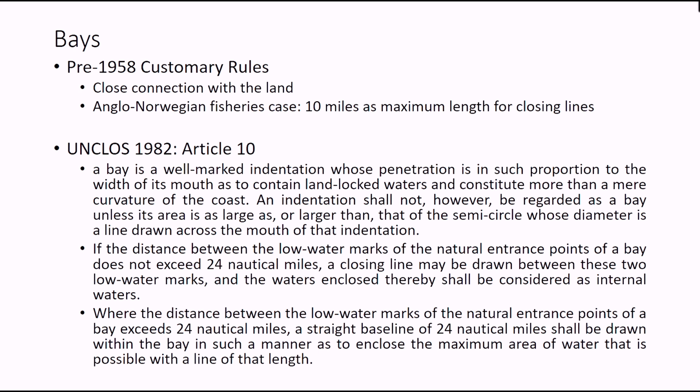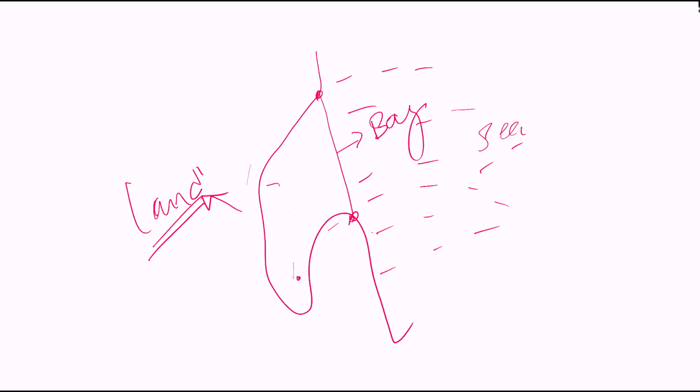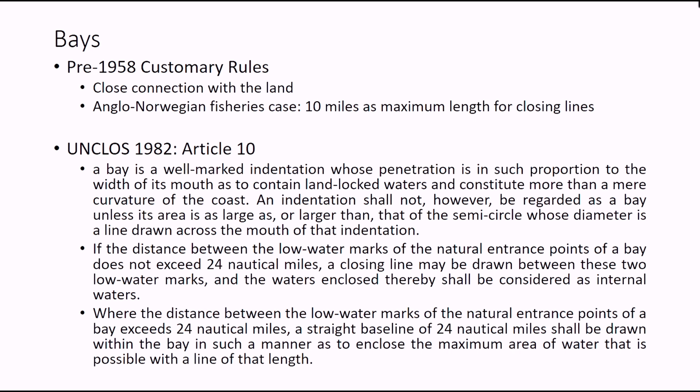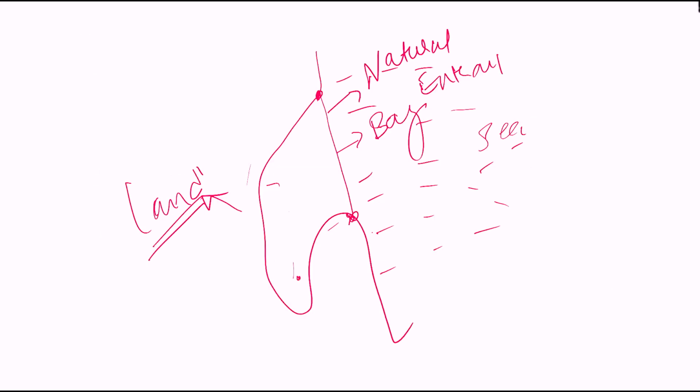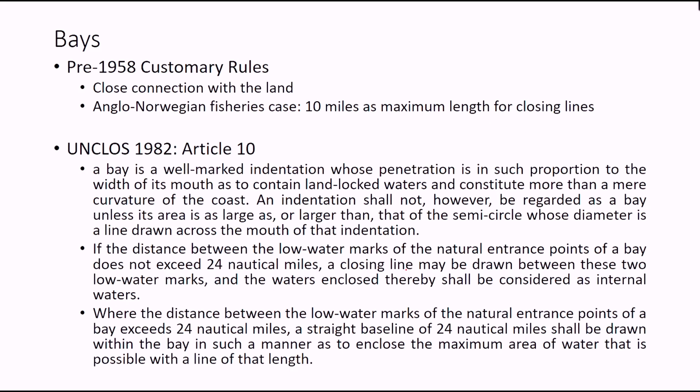As you can read again, if the distance between the low water marks of the natural entrance points, so this will be considered to be a natural entrance point. Now, does not exceed 24 nautical miles. So, the distance does not exceed 24 nautical miles.